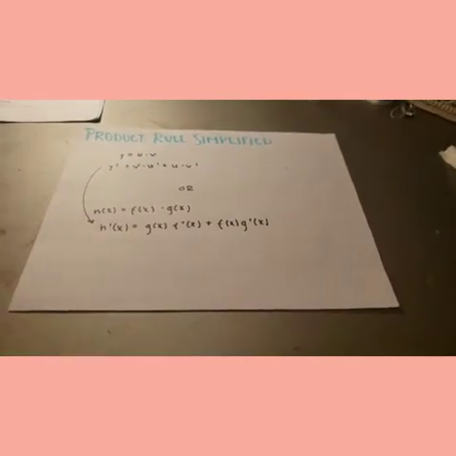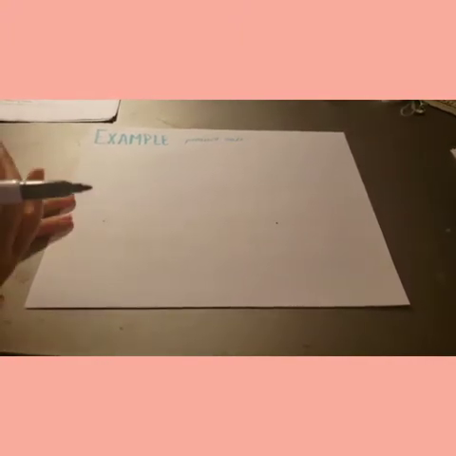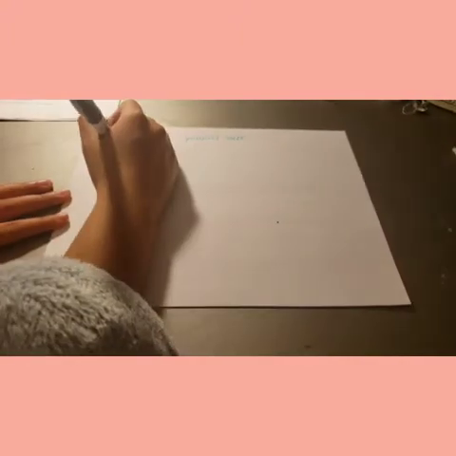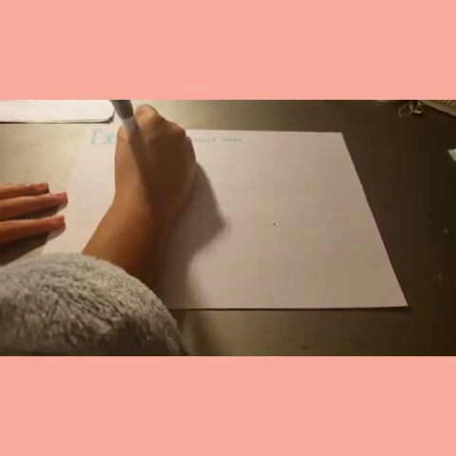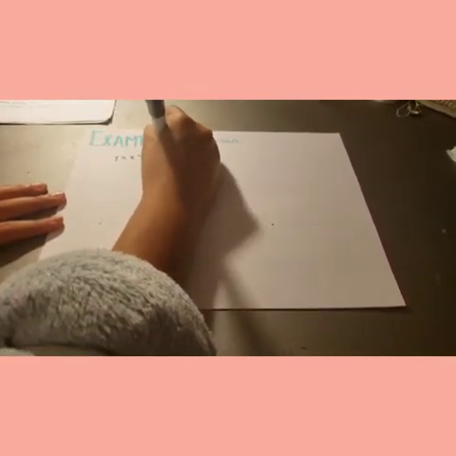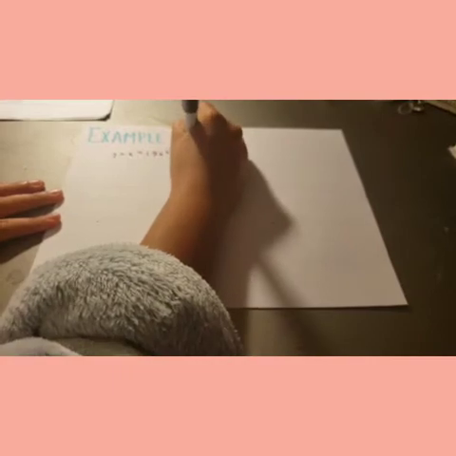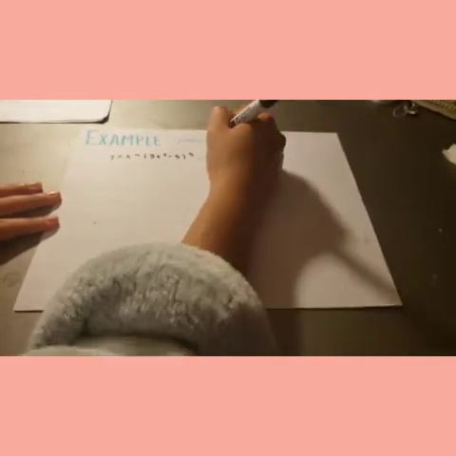Okay, now we're going to go right in and do an example of the product rule. It says, differentiate y equals x to the fourth times 3x squared minus 5 to the fifth power, and it says to factor our answer.